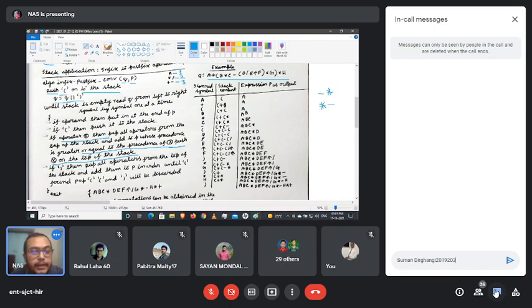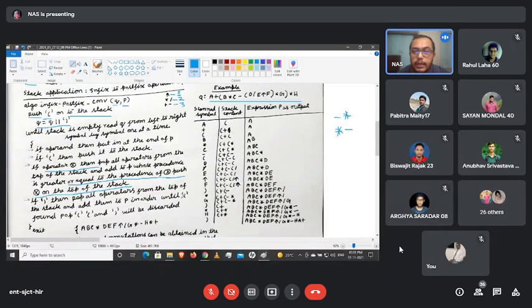If we are encountering a closing bracket, then pop all operators from the top of the stack. Within these two brackets, because we have started with this bracket, all the operators will be put into the P side in order until we have encountered an opening bracket.